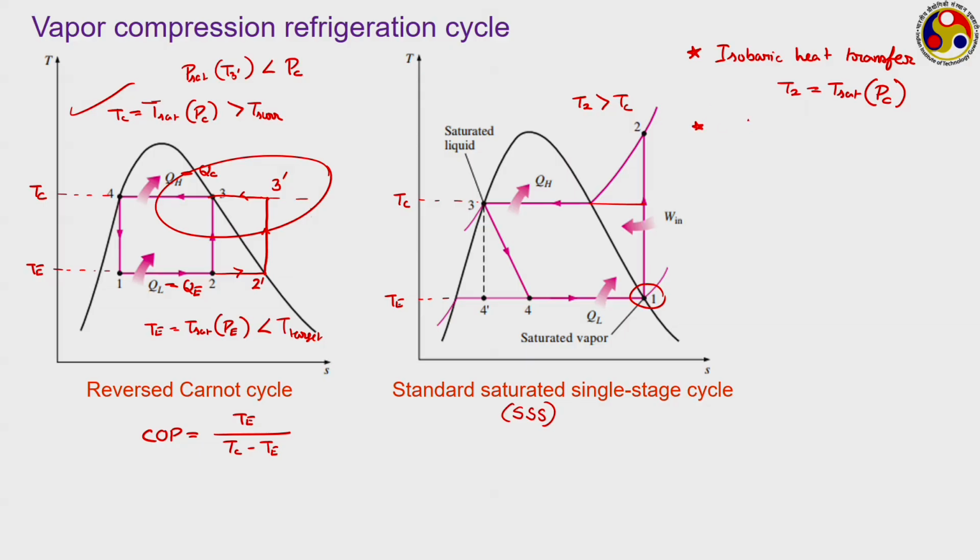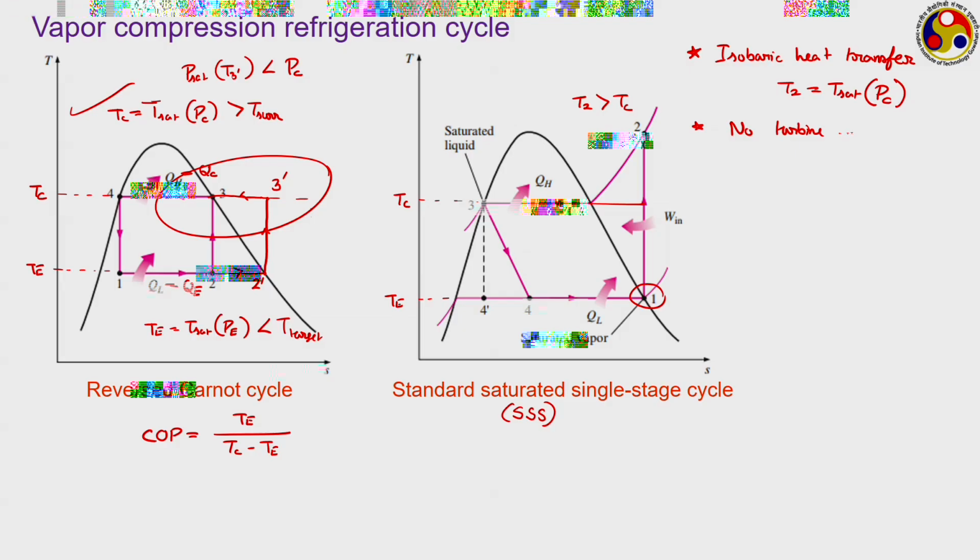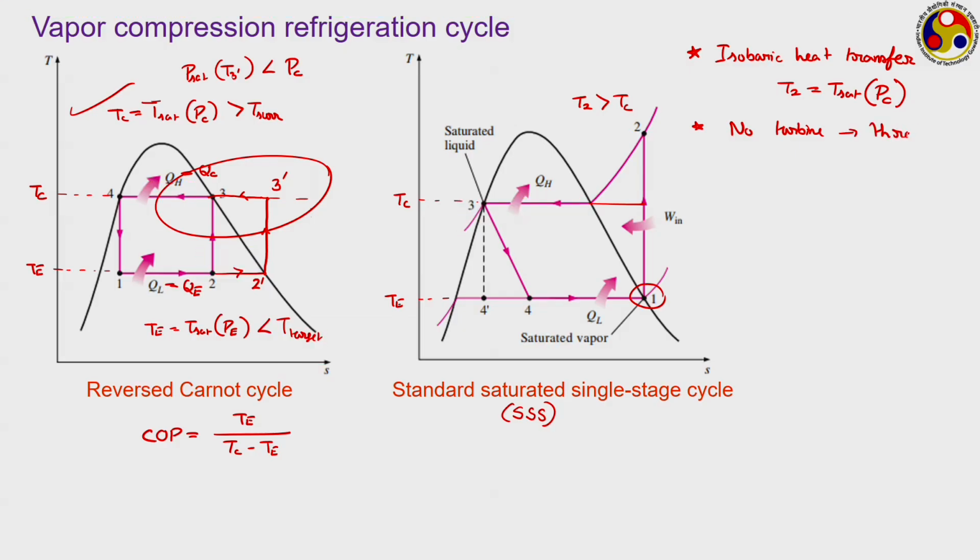And the second change that we have made is that we are not having any turbine, which has been replaced by a valve or a throttling device. So, we are not having any work output during the process 3 to 4, whereas this is a plain throttling process.